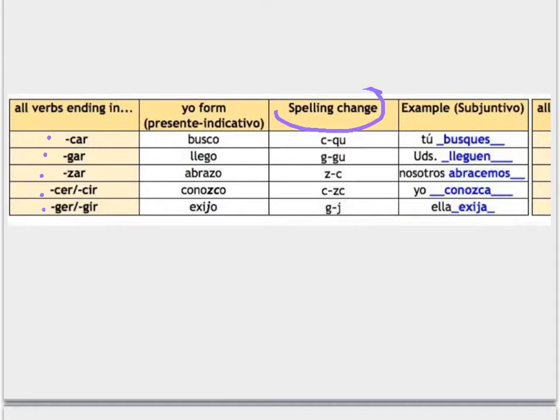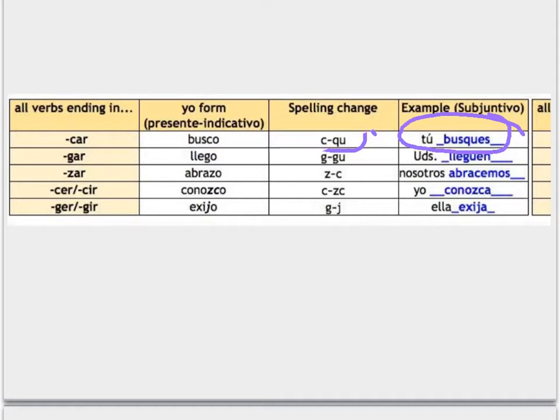Let's look first at a verb that ends in car, like buscar. The yo form is busco. We can't just drop the o and add the opposite ending because we first have to change the c to qu. In the tú form of the subjunctive, we would have, for example, tú busques. We see how that c changed to qu.